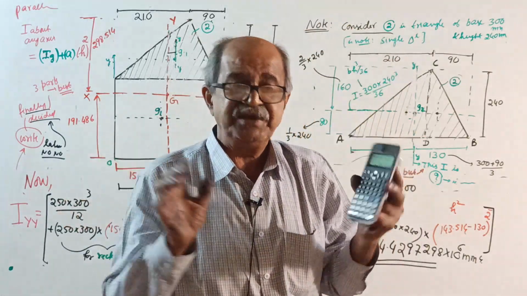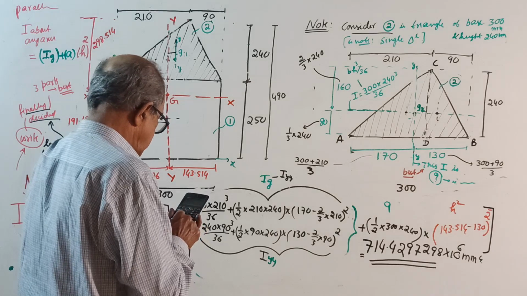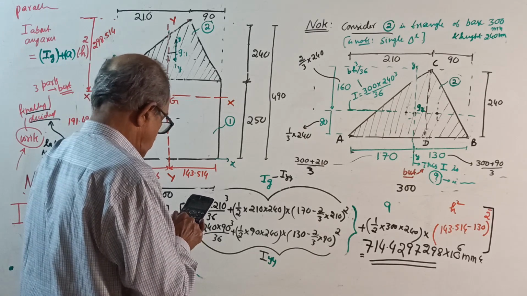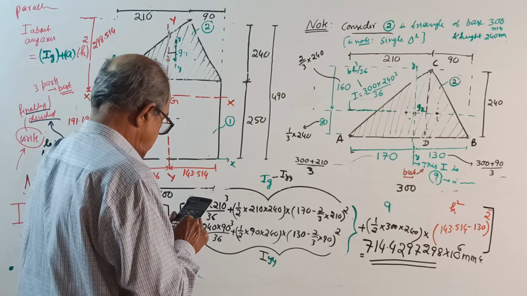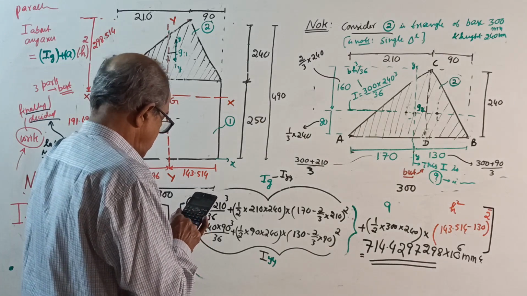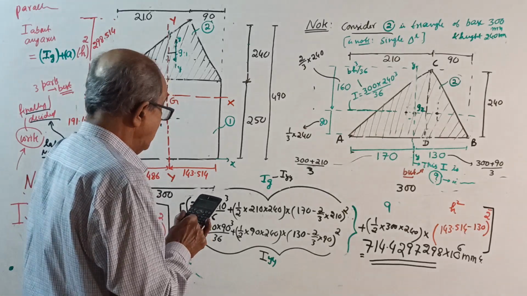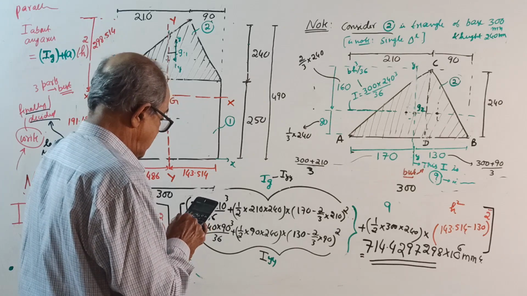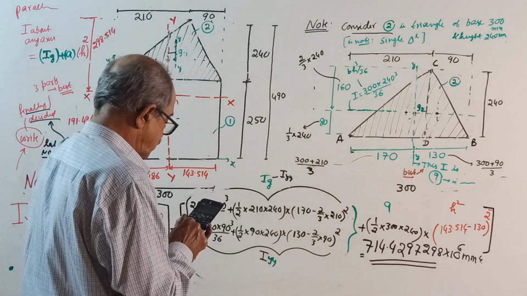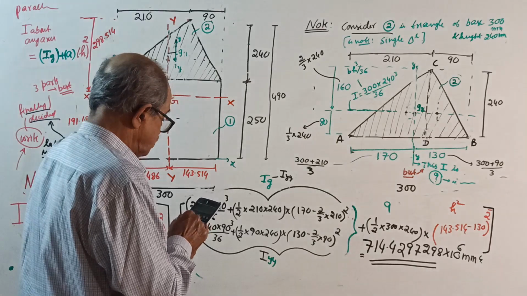No, honestly I am checking, I am not cheating you. 240 into 210 cube plus 240 into 90 cube divided by 36, plus half into 210 into 240 into bracket 170 minus 2 by 3 of 210 square, plus half into 90 into 240 into 130 minus 2 by 3 of 90 close square.